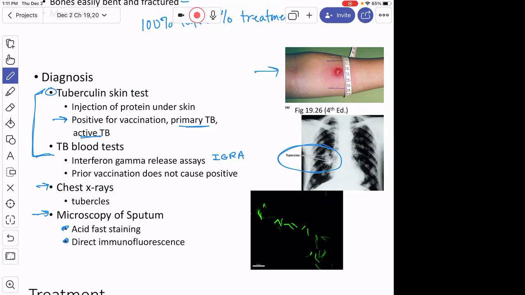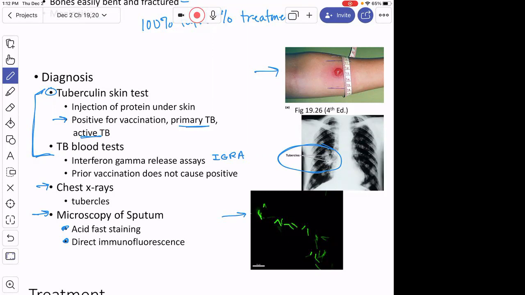Using UV light is a step up, a little better resolution, because UV light has a shorter wavelength than regular visible light. And we can tag those fluorescent dyes with an antibody to only stick to a particular thing. So in this case, we have it stick to mycolic acid, and then only the mycobacterium, or any mycobacterium, would show up. So it's a really clean method.